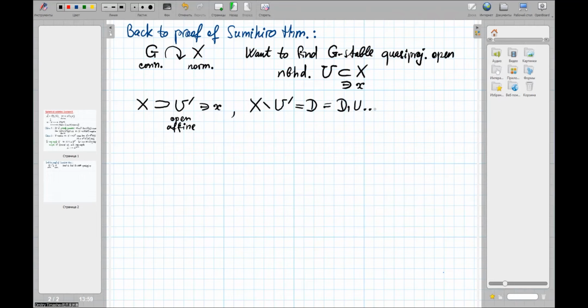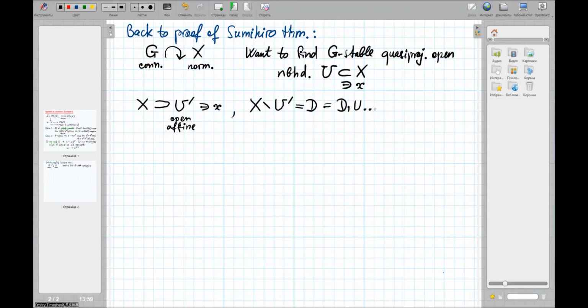Now, how to prove it? Proof. Without loss of generality, we may assume that this intersection is just empty. Otherwise, we can just remove this intersection from X and replace X with this open G-stable subset.